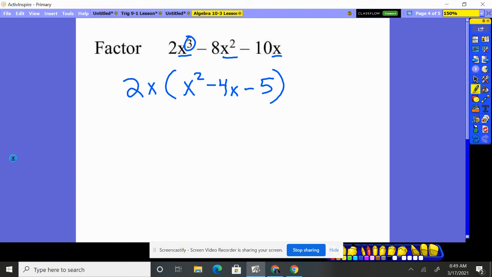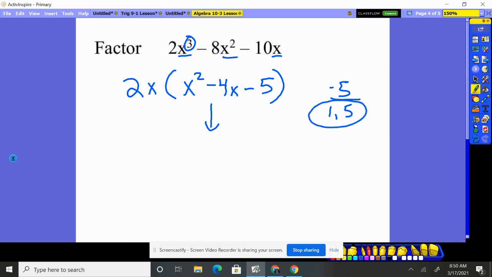So this one, wow, an x came out also. We have to be cautious of that. When we usually see an x to the third, that's a good clue that, wait a second, something's a little weird here. Notice they all had x's, so we factor out the x's. Now we must break this binomial down. So we look at the 5 and we say, hey, 1 and 5, that's it. It is a negative 5, so one of these is negative.